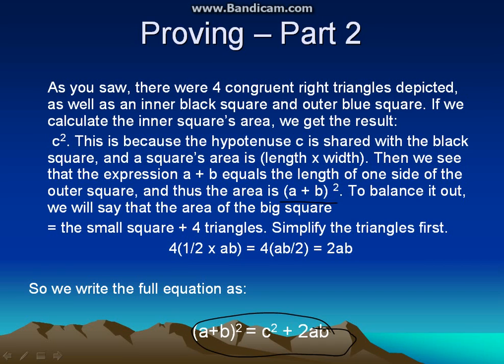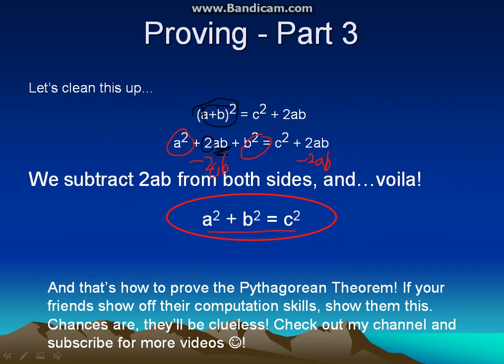And when you multiply the whole thing by 4, you get 2AB. So you combine everything, and you write the equation as follows. Simplify this, as I explained before. And yes, for the most part, that's it, guys. That's how you prove the Pythagorean theorem.